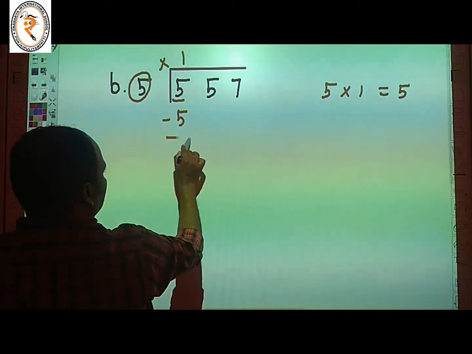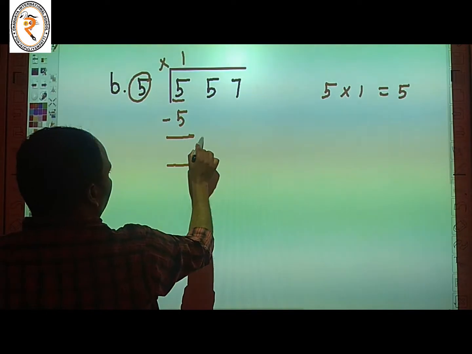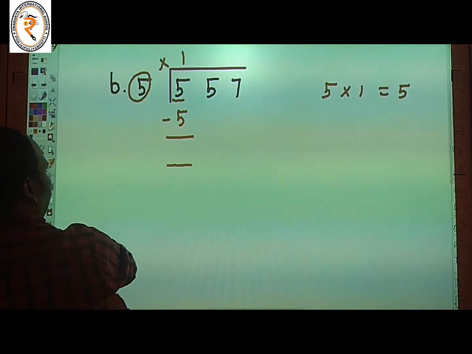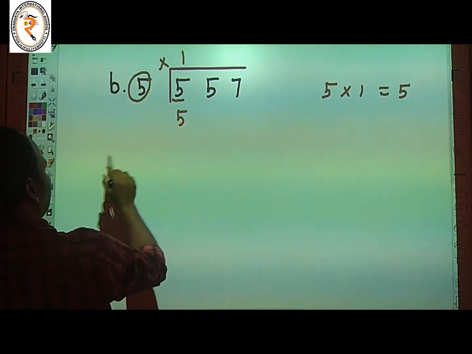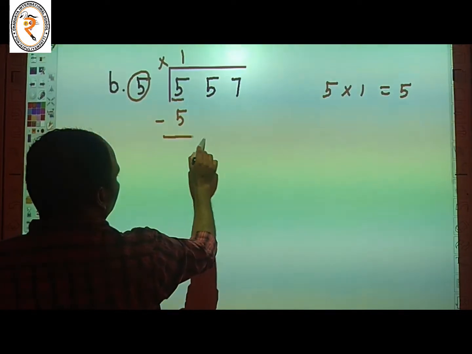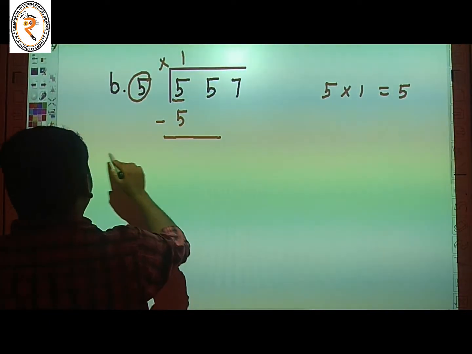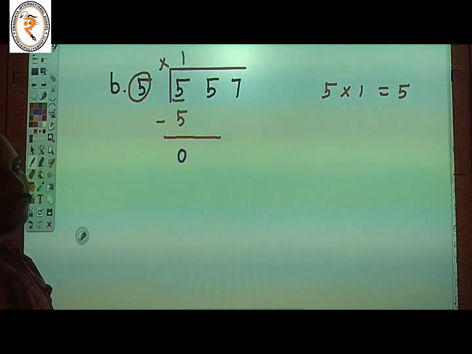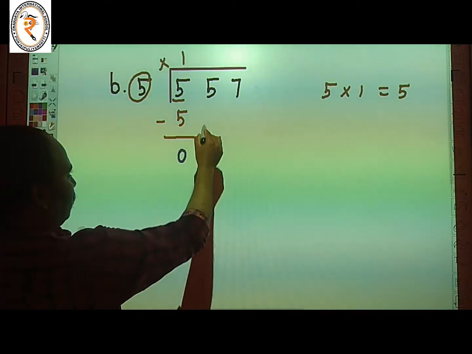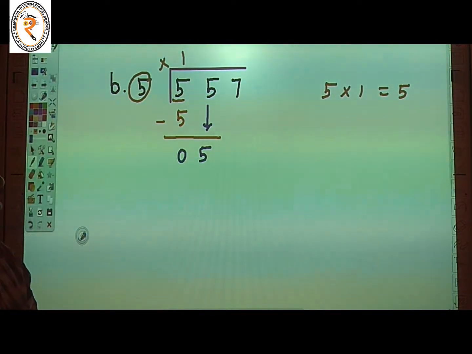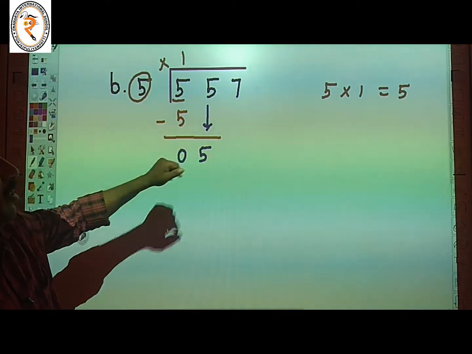You want to subtract: 5 minus 5 is equal to 0. Next we go to the tens place. The tens place has 5. 5 into 1 is equal to 5.